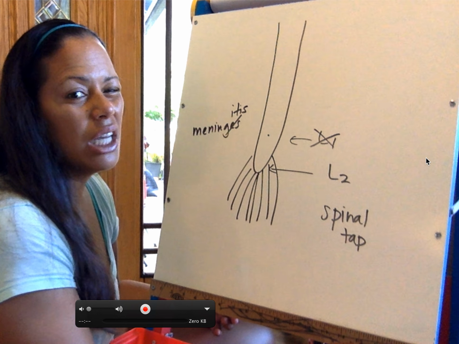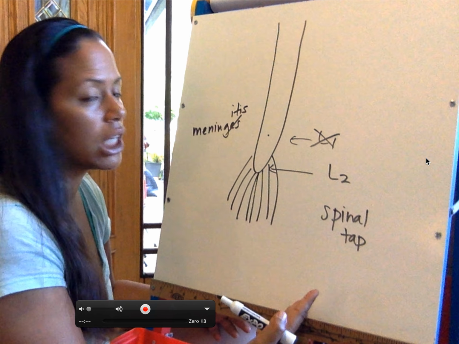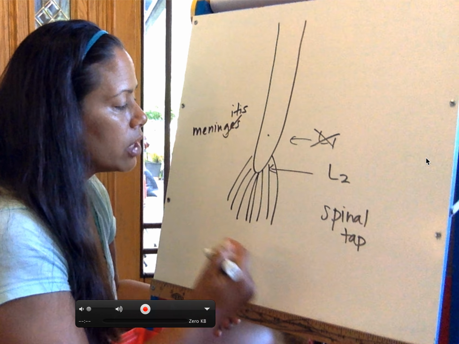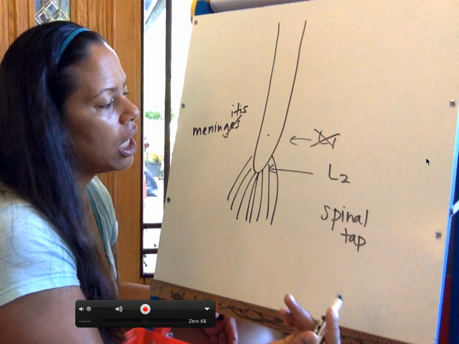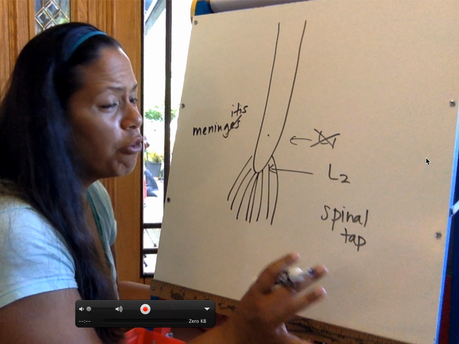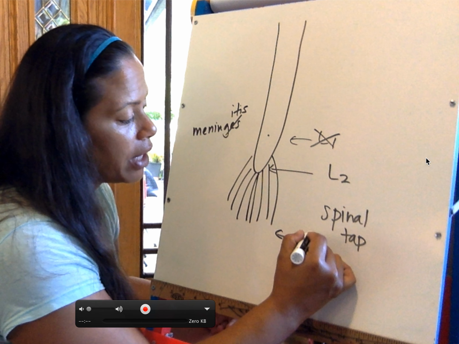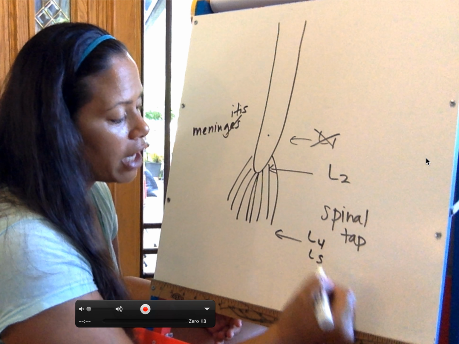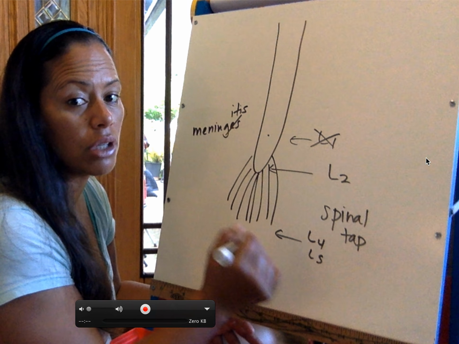What about L3? Yeah, it's cutting a little bit close, right? And depending on what age you're looking at, if you're looking at a child versus an adult, the child is going to be set a little bit lower because the child's still growing. Okay, L3 is out. L4, maybe I'm a little bit safer. So between the levels of L4 and L5, it's a pretty relatively safe place to do a spinal tap or a lumbar puncture.